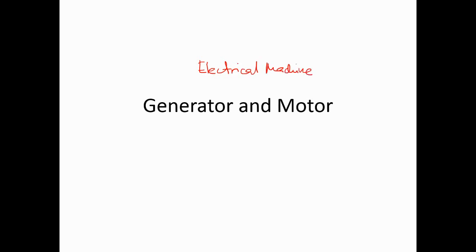And as a function of the mode of operation, it can either be called a generator or a motor. We'll see later how an electrical machine becomes a generator, and how it then becomes a motor.